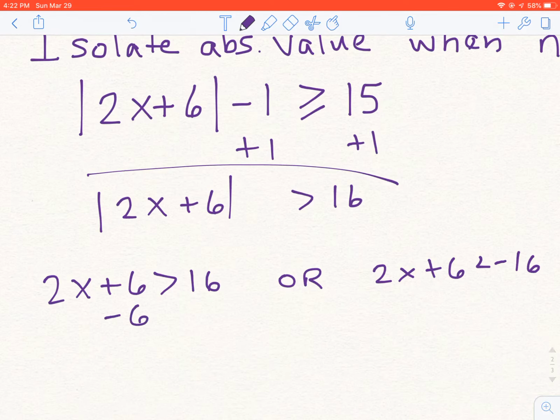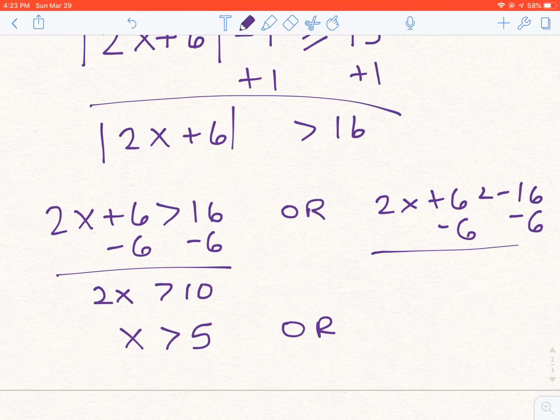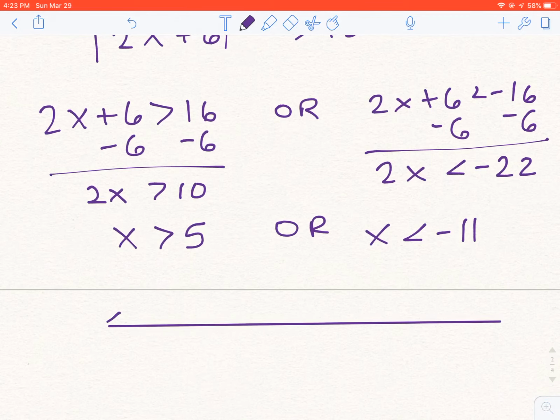So subtract our 6, we get 2x is greater than 10, so x is greater than 5, or on the other side, subtract 6. That gives us negative 22. So 2x is less than negative 22. Divide by 2. x is less than negative 11. So using my number line, here's my negative 11.